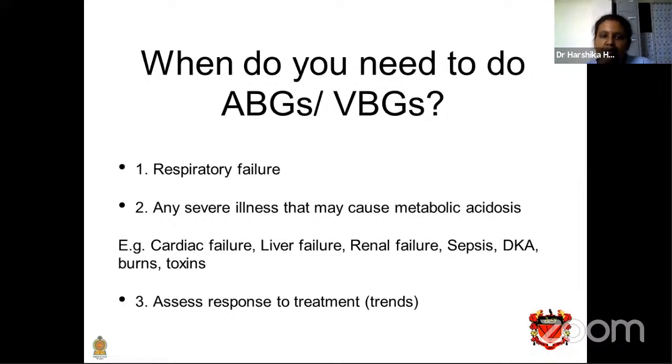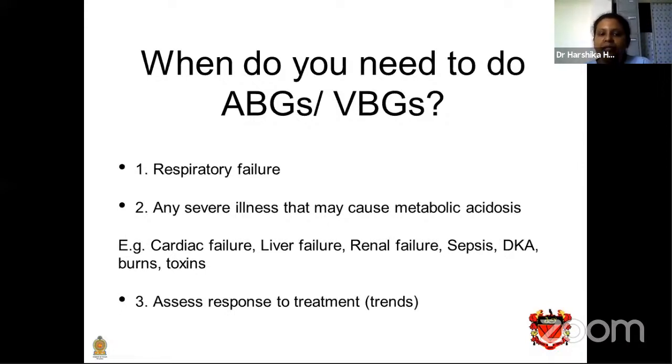That is because we want to know the extent of the gas exchange in the lungs, the level of oxygen and the level of carbon dioxide. Also, venous blood gases can give us useful information in conditions like other organ failures: heart failure, liver failure, renal failure, diabetic ketoacidosis, and sepsis.